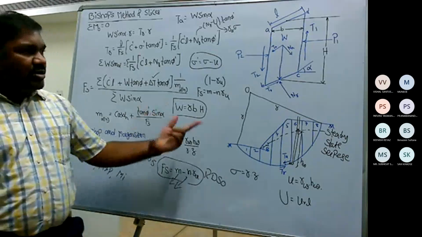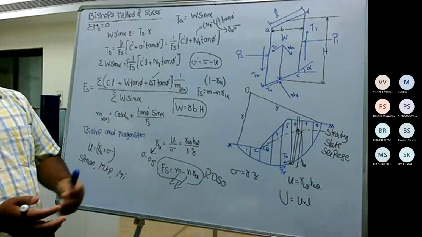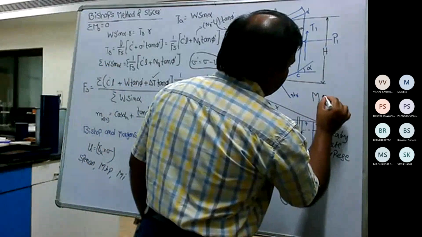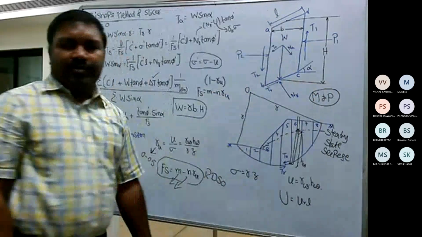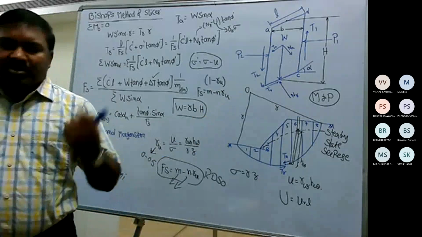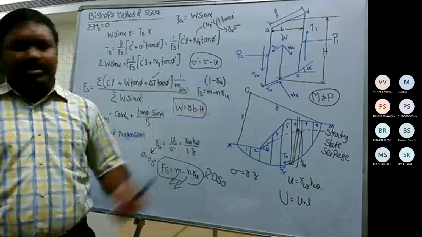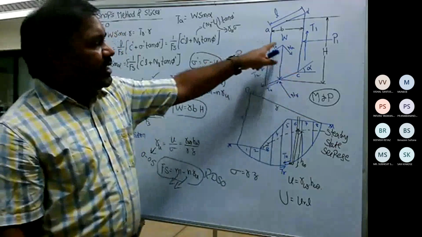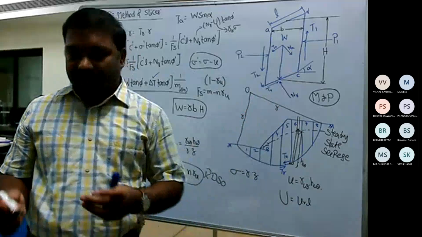Okay. Now one such analysis was done by Morgenstern and Price. If I remember, in their method they considered all three equilibrium equations: summation of all the moments about the center, sigma H equals 0, sigma V equals 0, and they also made some assumption. Thereby they derived one complex equation to determine the factor of safety.